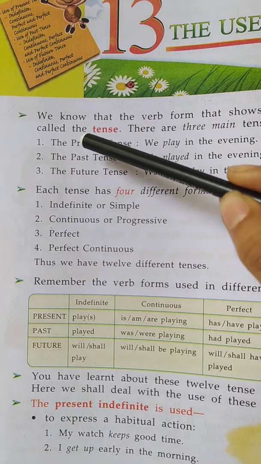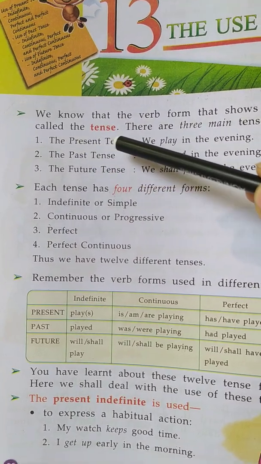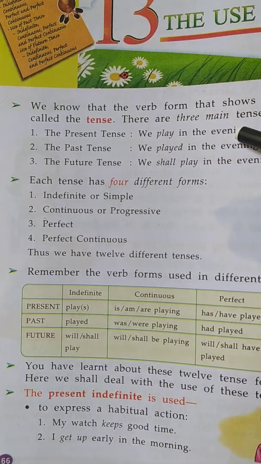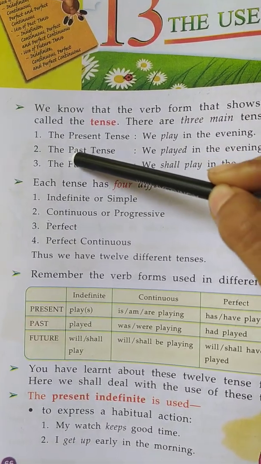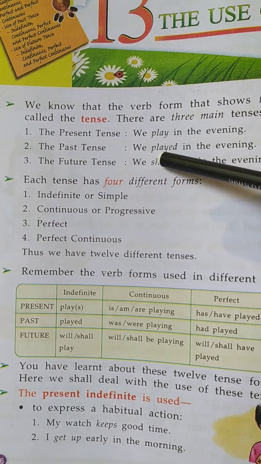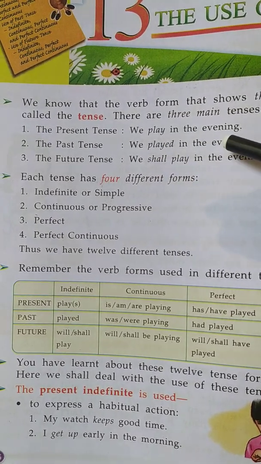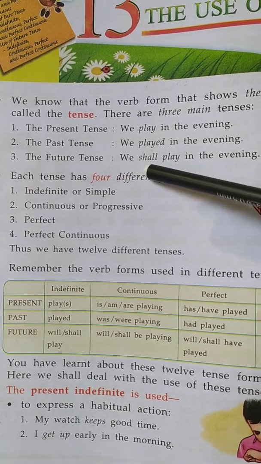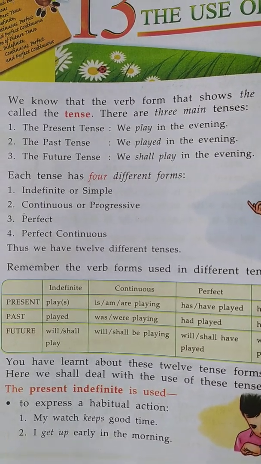Number one, the present tense, and the example is we play in the evening. Number two, the past tense, and the example is we played in the evening. And the future tense, and the example is we shall play in the evening.